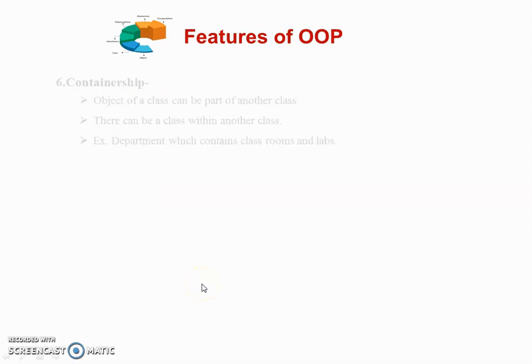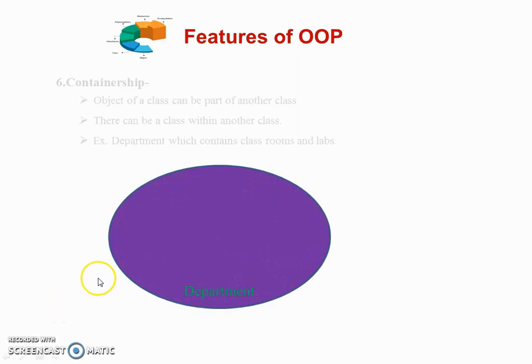Now moving further, let's see the next feature of OOP, which is containership. In containership, look at this diagram. Suppose this is a department, and classroom and lab. It means the classroom is one type of class, and lab is also one type of class, which are included in the department class.